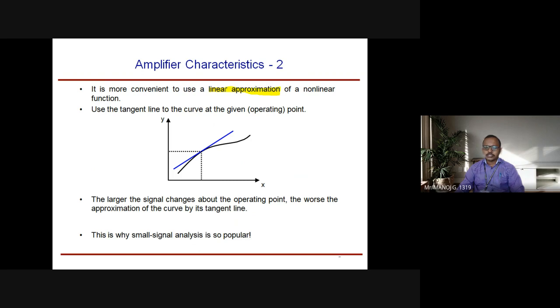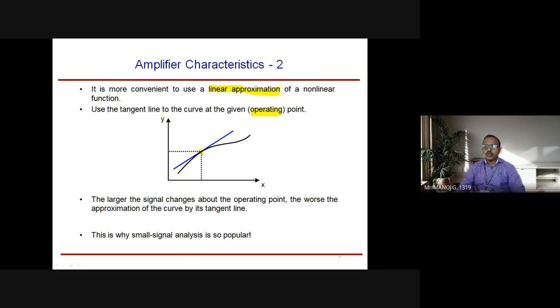The expression is derived using the linear approximation technique, where we draw the real time as well as the ideal case and take the tangential line. This tangential line will determine the operating point of the device. With this operating point, you will determine the characteristics. This is the basic thing we do.